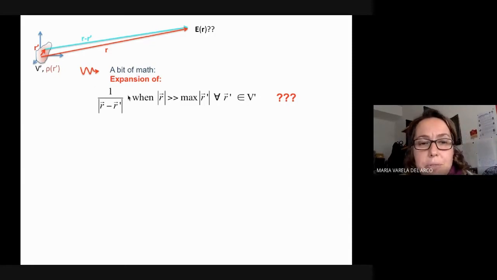Can I do an expansion of this thing when r is much larger than r prime for all values of r prime? Well, yes, of course I can.